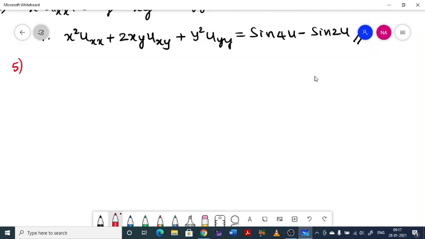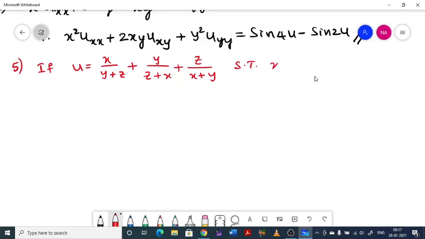If u equal to x by y plus z plus y by z plus x plus z by x plus y, then show that x into dou u by dou x plus y into dou u by dou y plus z into dou u by dou z equal to 0.